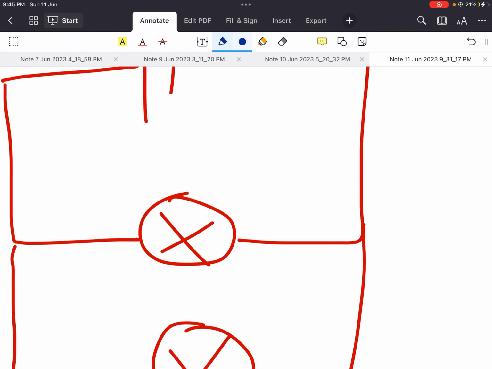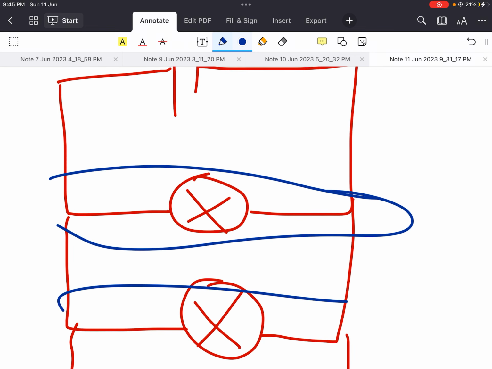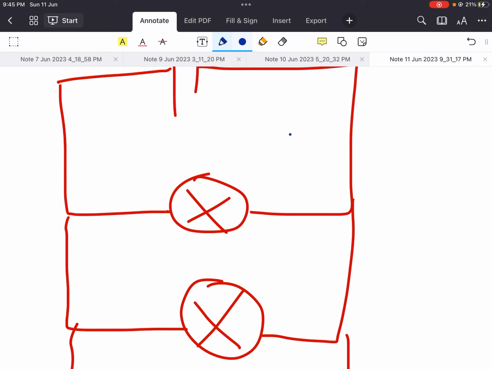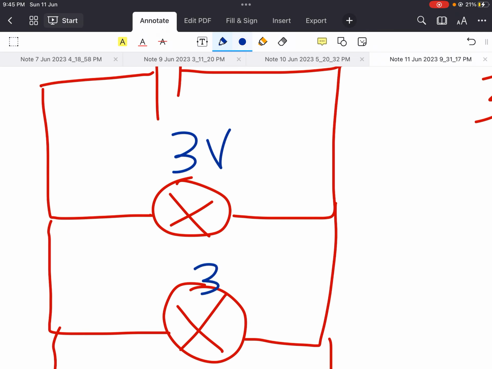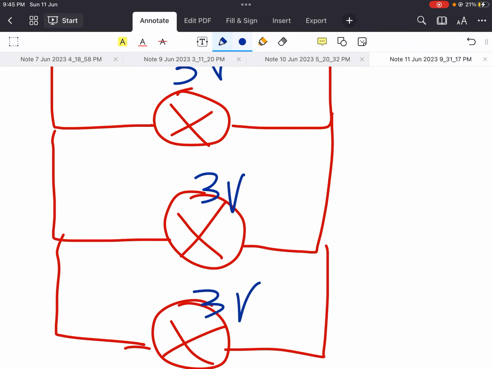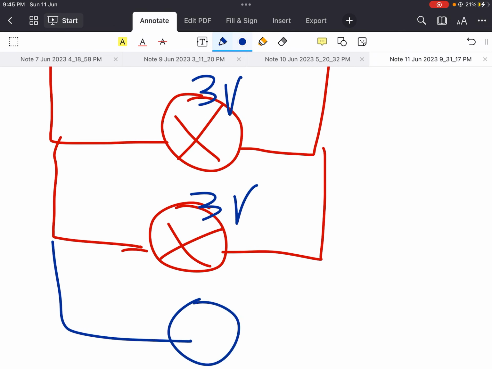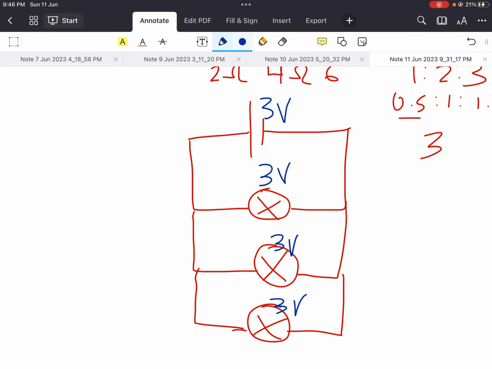This time, each branch, this is a branch, this is a branch, each of these branches gets the maximum voltage, which is 3 volts. So this gets 3 volts, this gets 3 volts, this gets 3 volts. If you were to add another bulb, this would also get 3 volts.